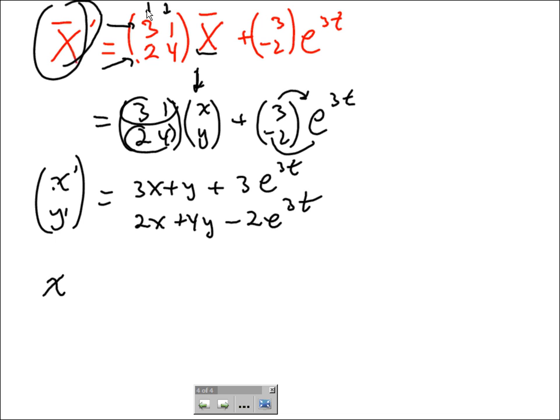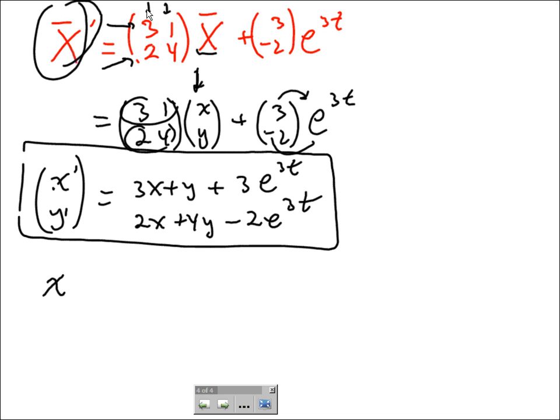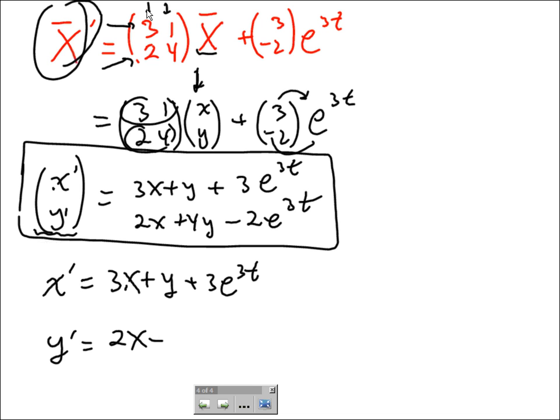You really should write, because this is matrices, maybe the right side is not a matrix, but the left side is surely a matrix. X prime, or dx dt, is 3x plus y plus 3e to the 3t, and dy dt is 2x plus 4y minus 2e to the 3t.